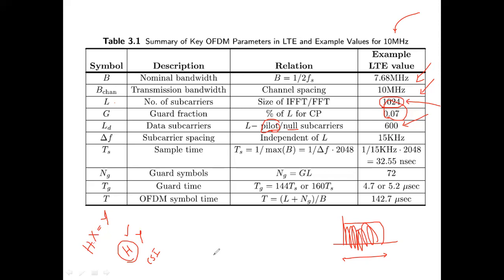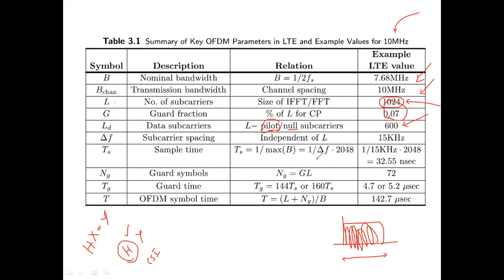The channel doesn't change very frequently; it may change once in a minute, once in a second, or once in 0.1 seconds. But your speed is much higher: your bandwidth is 10 megahertz, or the actual bandwidth is 7.68 megahertz, and 1 by that is the timing instance at which you send data.